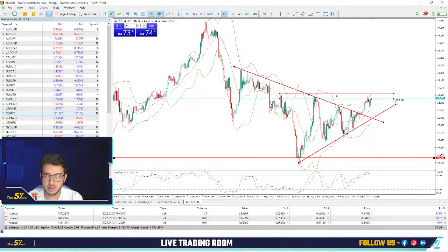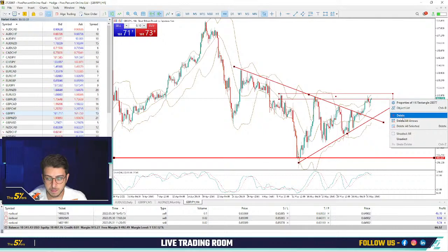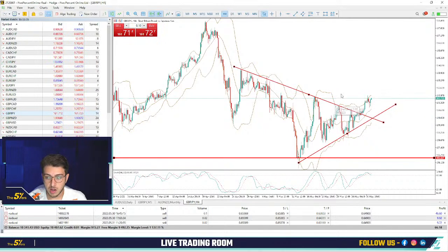So that's why I didn't take any trades on the pound yen. It's very volatile. I'm not sure where the price can go, and if I wanted to take any trades on the pound yen, it would only be on the lower triangle. I wouldn't risk opening a buy when the price is on a supply spot here. So I won't do anything on the pound yen right now.